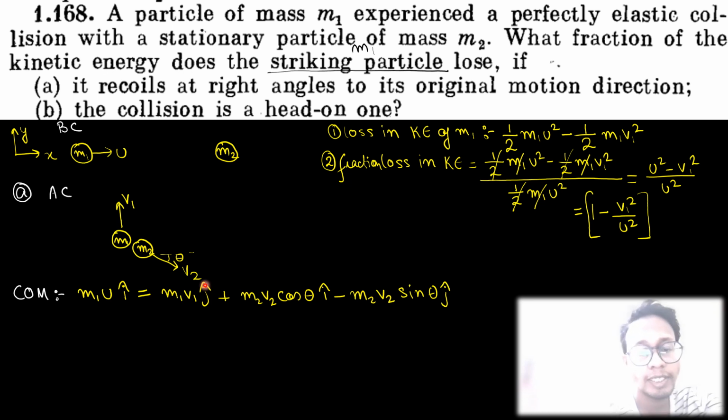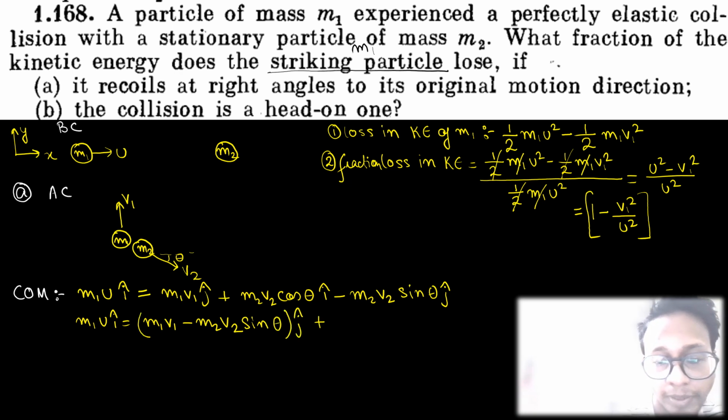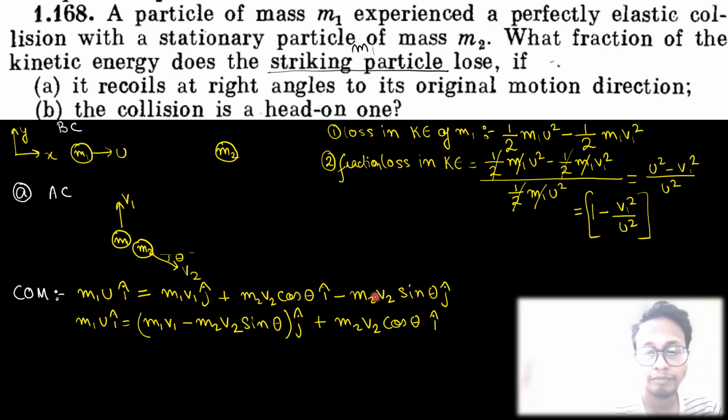Let me combine these two values together because both are j cap. So m1 u i cap equals m1 v1 minus m2 v2 sin theta j cap plus m2 v2 cos theta i cap. What I actually did here is I compiled these two j values together.